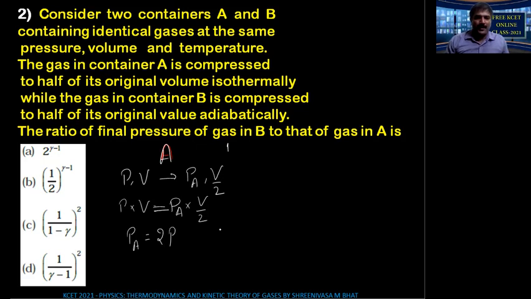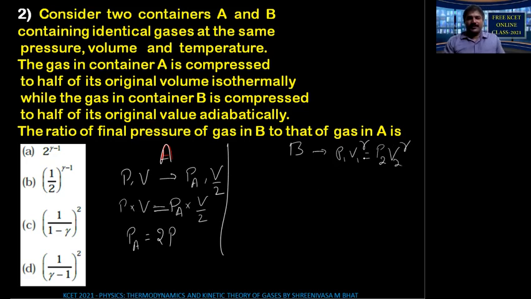Now in container B, the gas is compressed adiabatically. So for adiabatic change, P1 V1 power gamma equal to P2 V2 power gamma. This is the formula which connects the pressure and volume initially and finally.